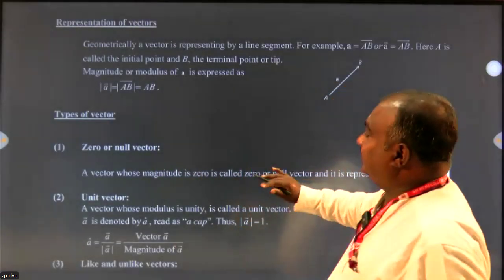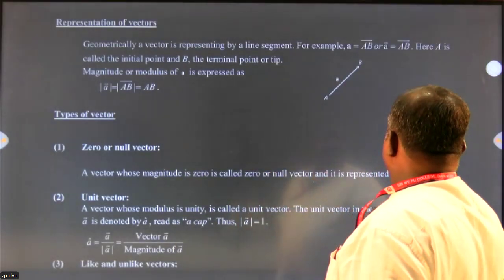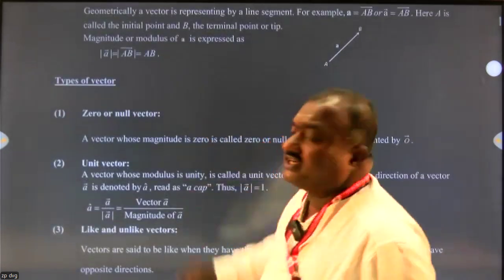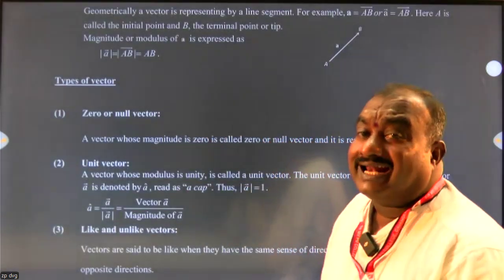Now, there are types of vectors. What are the types of vectors? The basic vector is the zero vector or null vector.